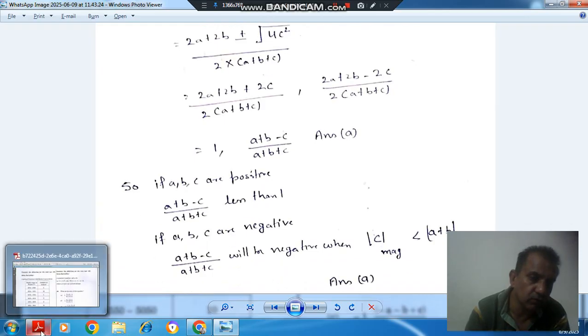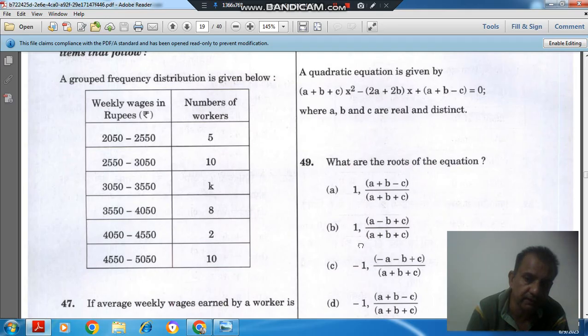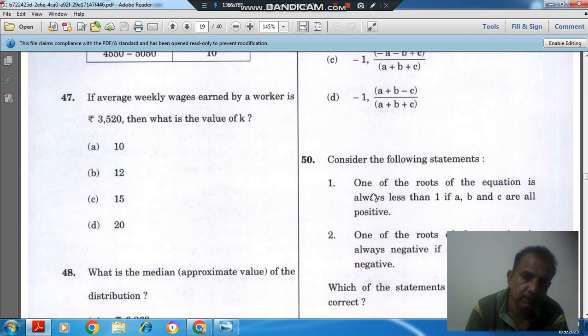Now for question number 49, the answer is A, and for question number 50, the first statement is, one of the roots of the equation is always less than 1 if a, b and c are all positive.